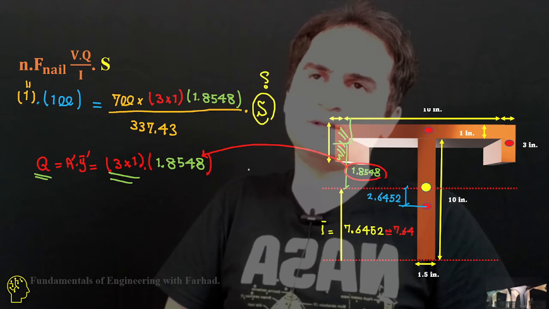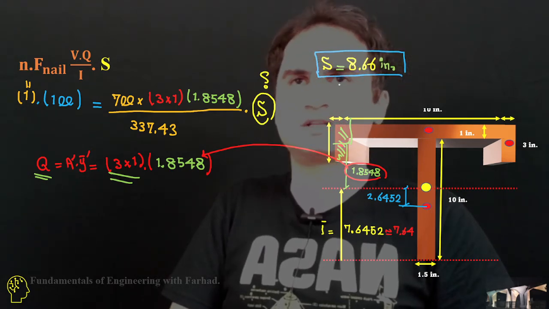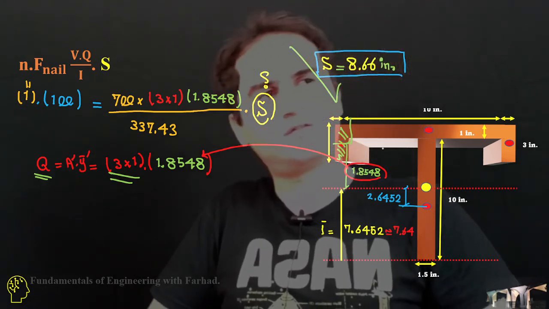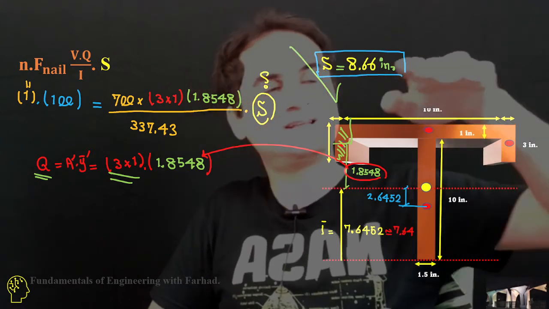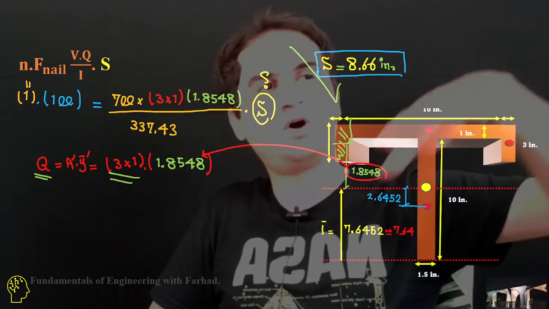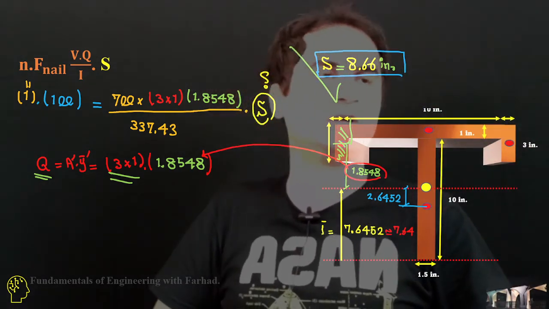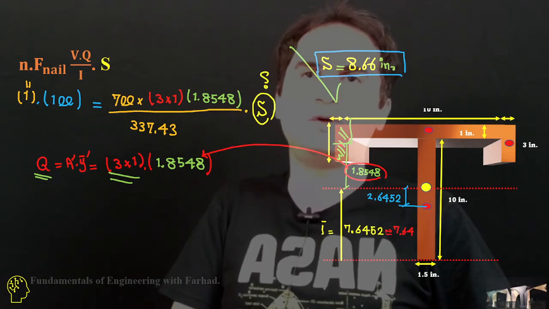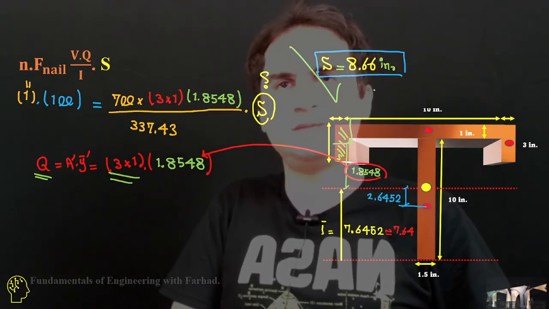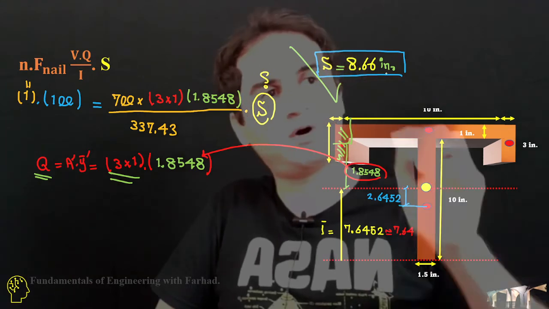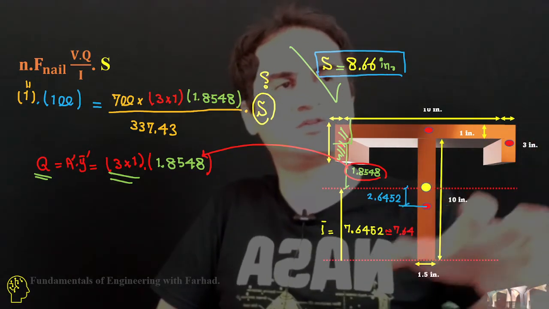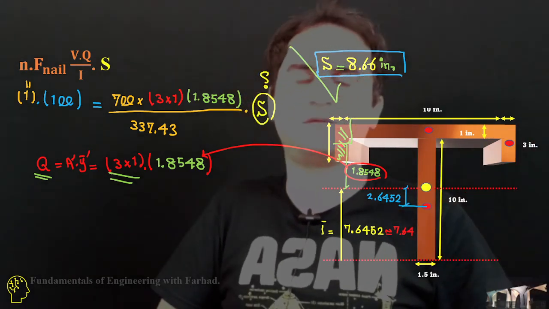If you place that in the equation, it gives you the distance of nail spacing in the extra part of the flange, which should be equal to 8.66 inches apart from each other to hold the entire shearing on the top flange.